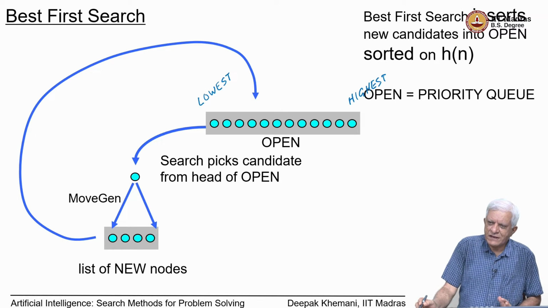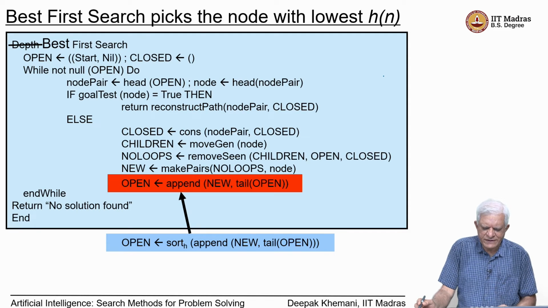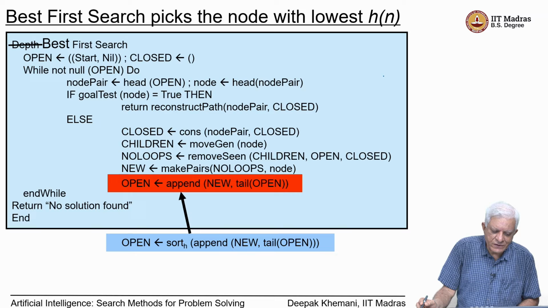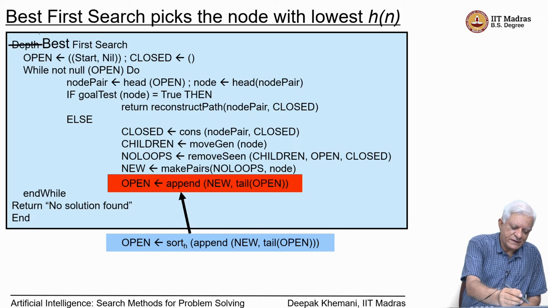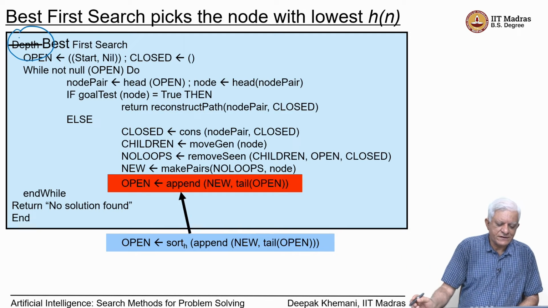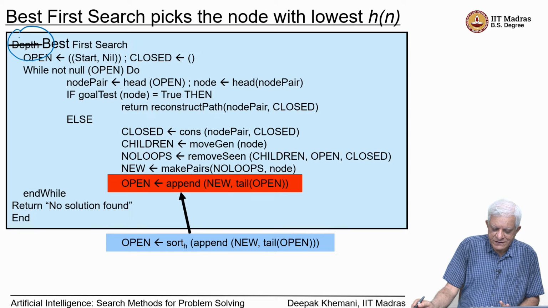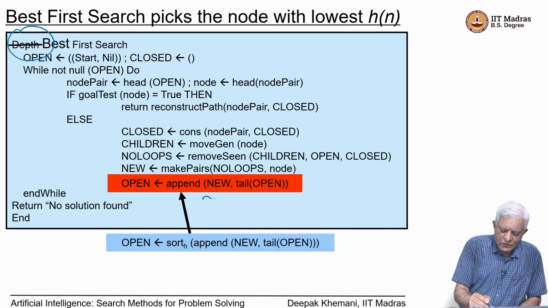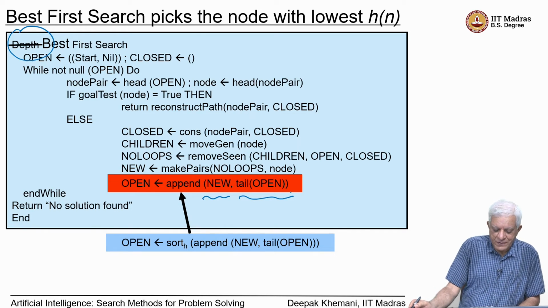In practice, of course, we do not keep a sorted list, we maintain open as a priority queue. So, this is a change that we are making in our depth first search algorithm. As you can see here, we have replaced the name depth first search by best first search. Everything else is the same in this algorithm, except that the line shown in red is replaced by the line below it shown in blue. What is the line shown in red? It says that you take the new nodes and add them to the head or tail of open, because you have removed the head of open.